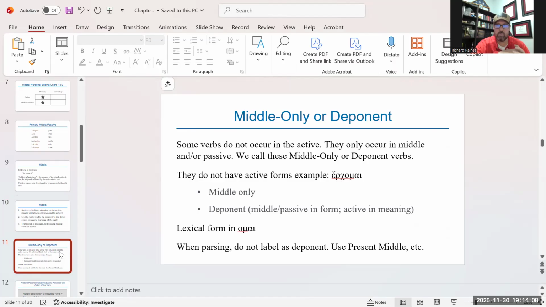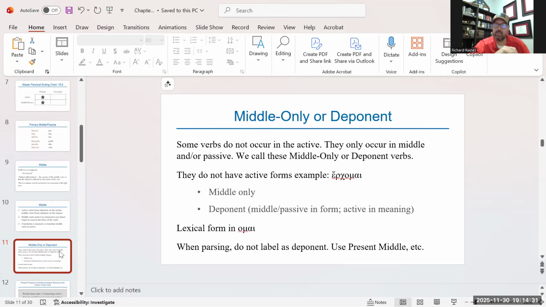And we call these middle only or deponent verbs. And you can see here that it doesn't have an active form. So there's no ercho, right? It's just erchomai. So the lexical form of the deponent verbs is going to be with the ending omai.